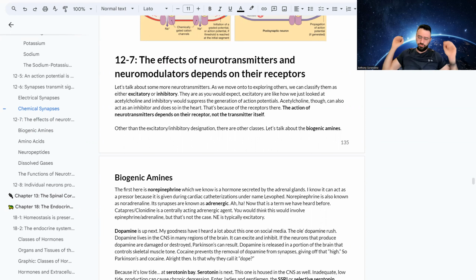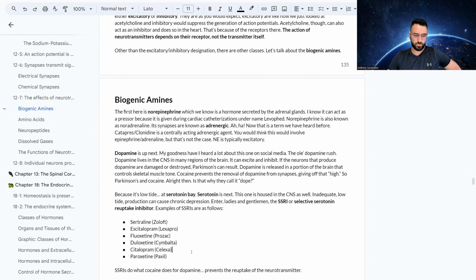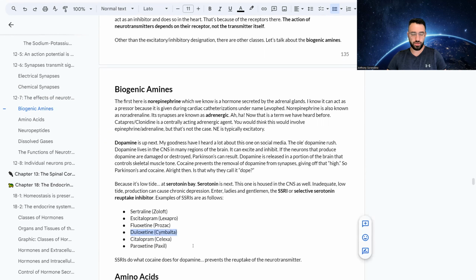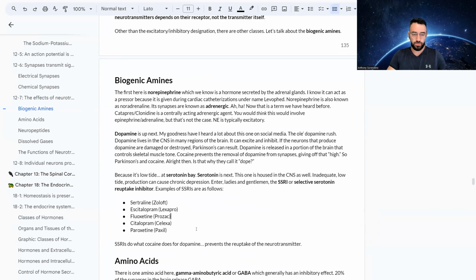And then we have paroxetine, which is Paxil. See, I messed up. Cymbalta is an SNRI. Just confirm that.